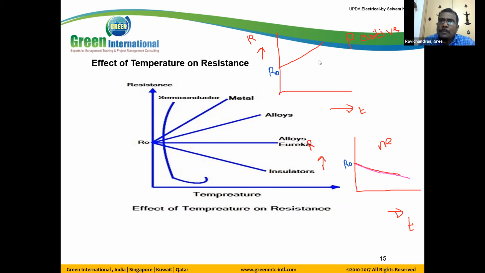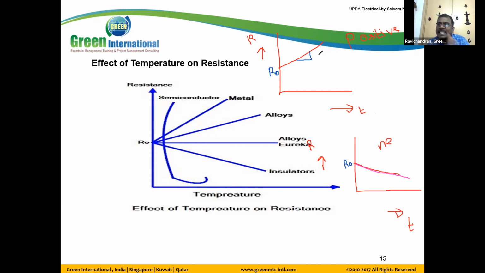How to find a temperature coefficient? In college we discuss it like this, but forget about this, it is beyond the scope. Here it is increasing, so it is a positive temperature coefficient. Here it is a negative temperature coefficient.